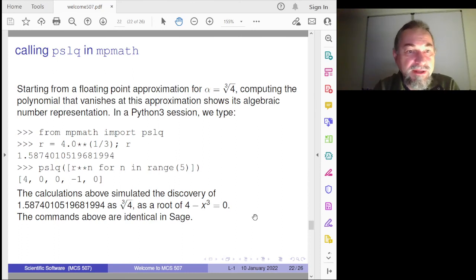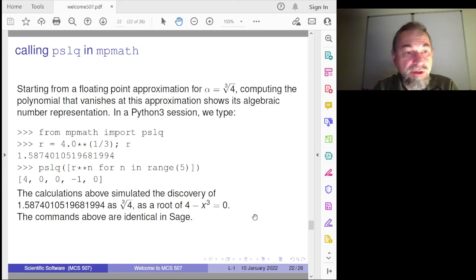So here is how it is done. This is a Python 3 script. There is the multi-precision math package that exports the PSLQ algorithm. Two instructions: we have the 64-bit approximation for the cube root of 4.